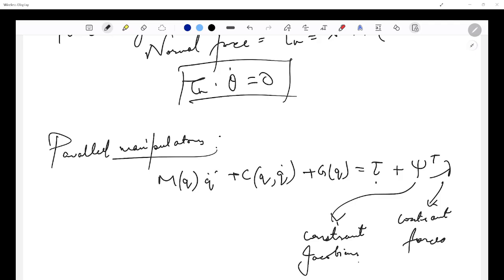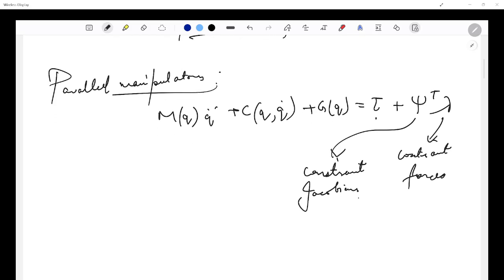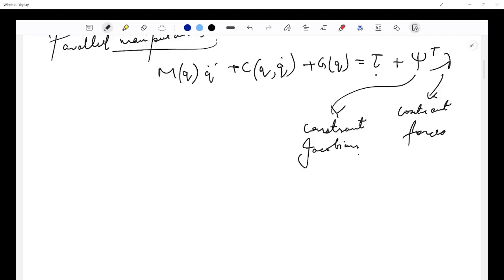The key challenge here is that passive joints are not measured and they need estimation.